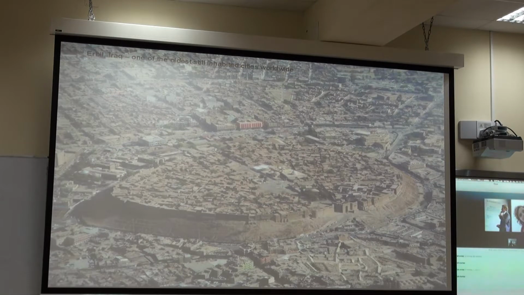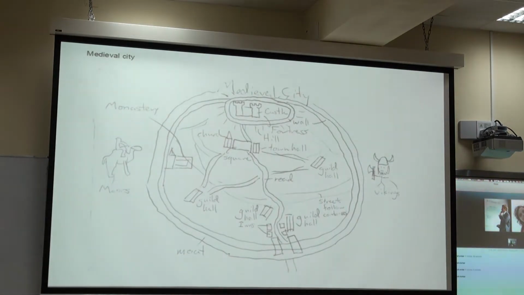And the whole city was located on a plateau which is raised from the rest of the area, which made it more difficult to conquer, but it also allowed to see who is actually coming across the plains surrounding it and being able to take action on time. Next one. Yana, do you want to do this?